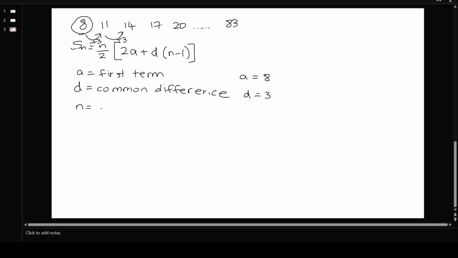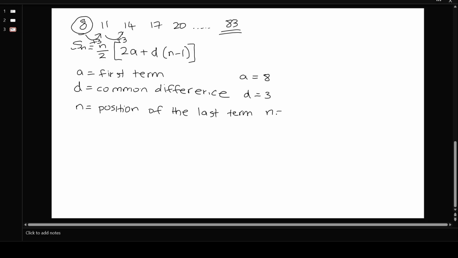N is the position of the last term in the series. In other words, it's the position of this 83. Is 83 the 10th term in this series, or is it the 20th term, or the 30th term? We don't know yet.